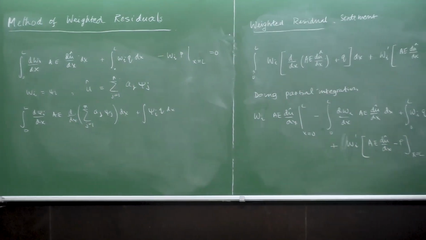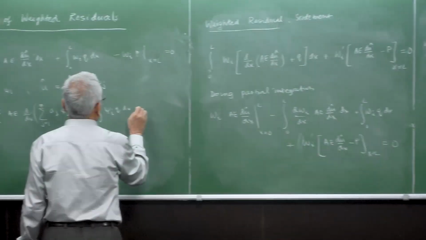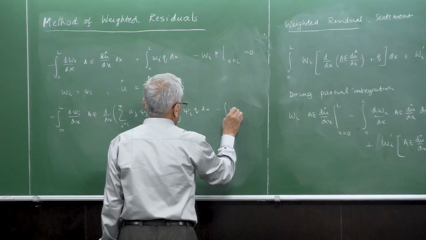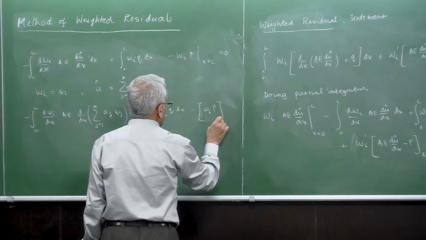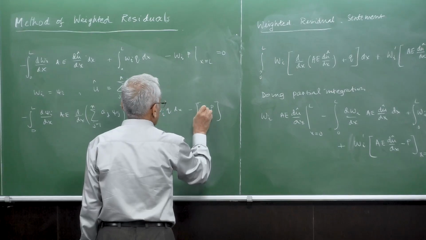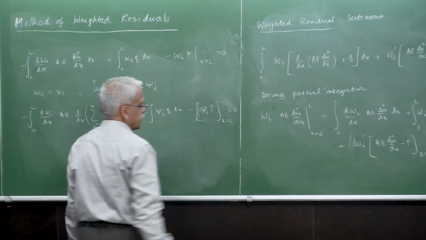I'm sorry, there's a negative sign here, minus wi p, evaluated. Wi means psi i at x is equal to L, and this is 0.